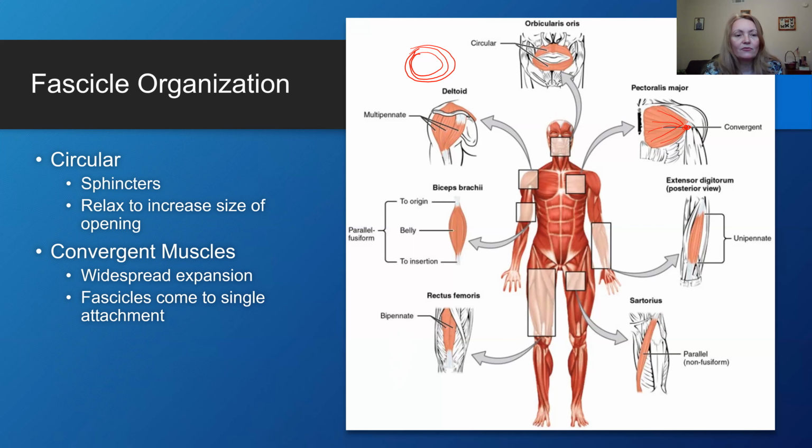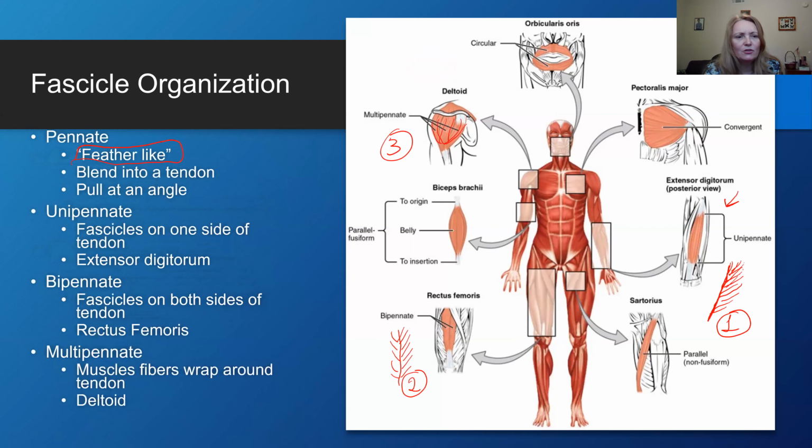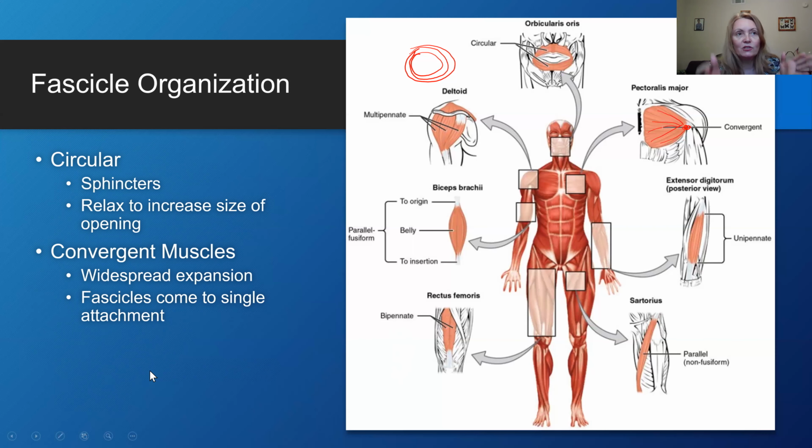So convergent muscles might remind you of multipinnate, but in multipinnate they wrap around the tendon, and in convergent they just converge at one point.